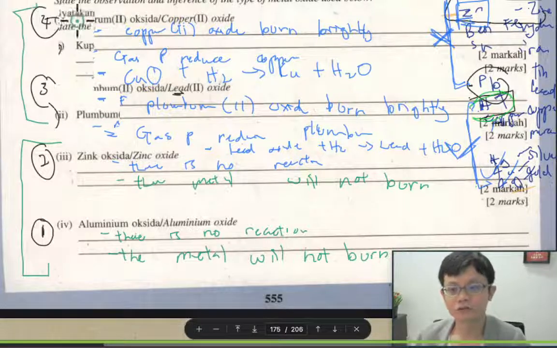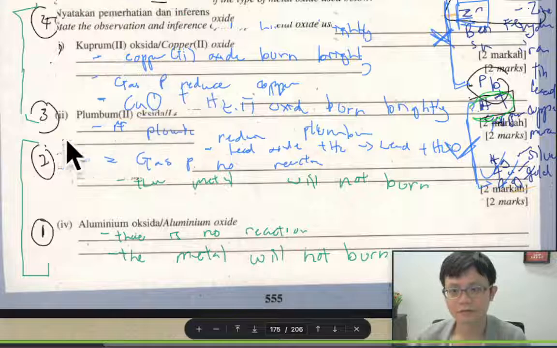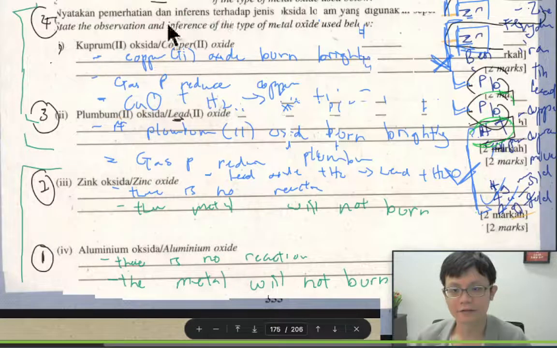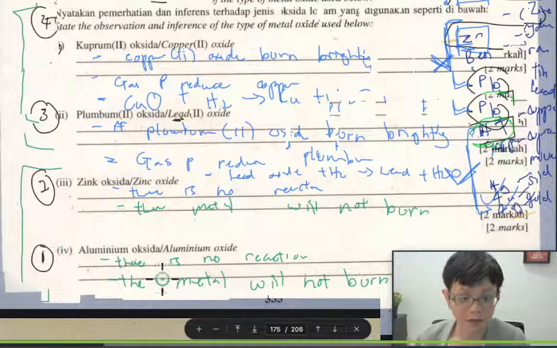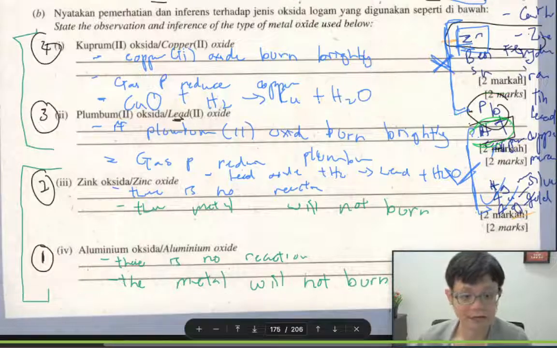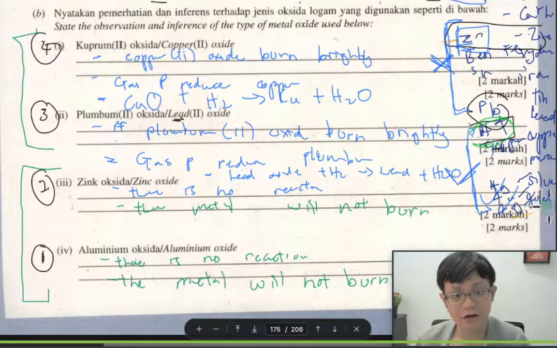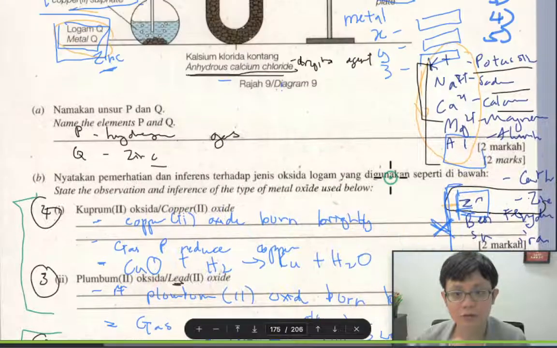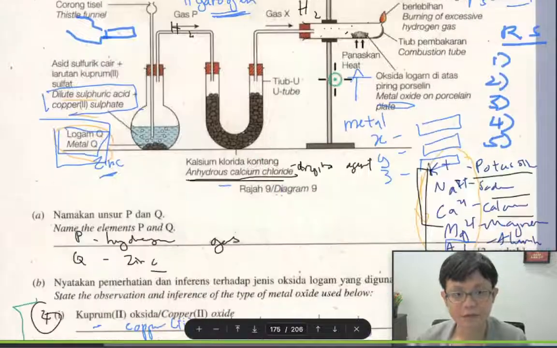So 4 and 3 will burn, but 2 and 1 won't burn. How do you know? By looking at the reactivity series of metal. So that is for this question.